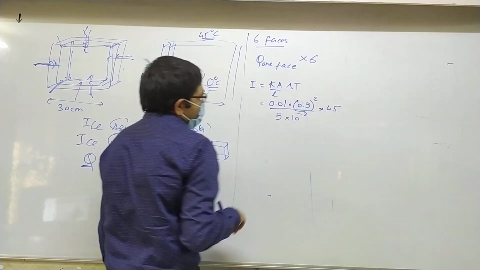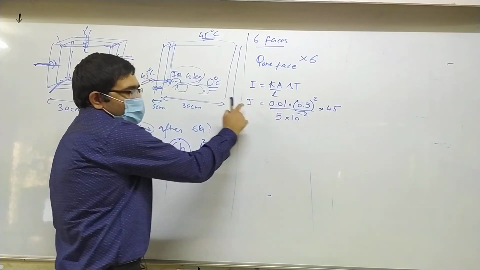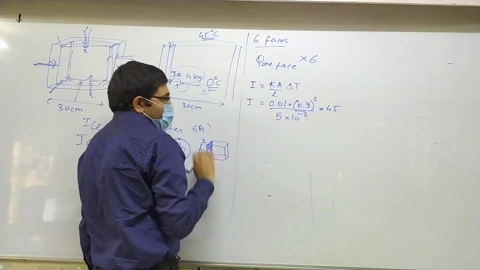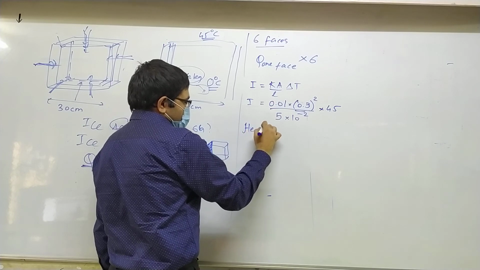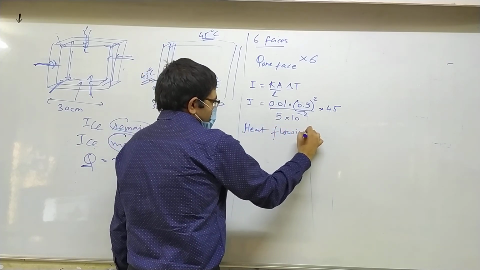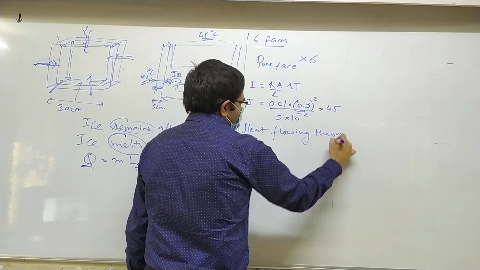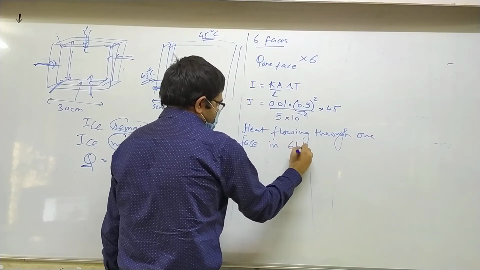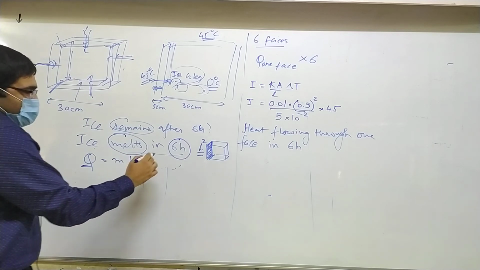So this will give you the heat current of one face. If I want to find how much heat is flowing through one face in 6 hours, don't forget, the time is 6 hours.